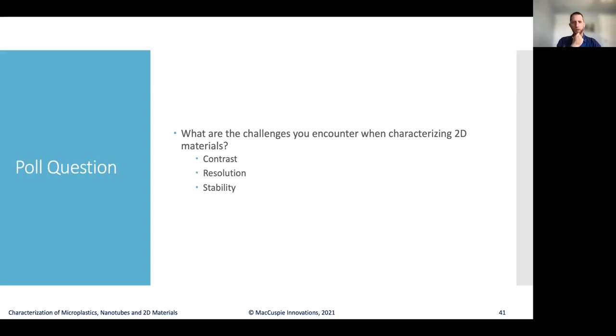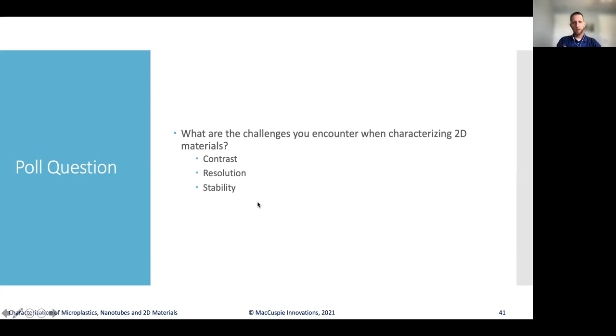Okay, it looks like resolution is the biggest challenge, and then contrast and stability are also important challenges. Okay, appreciate everyone participating in that.